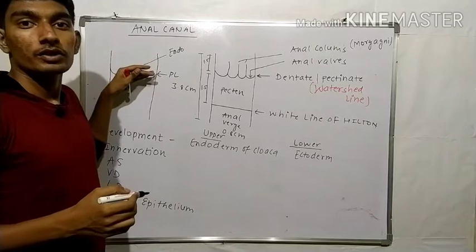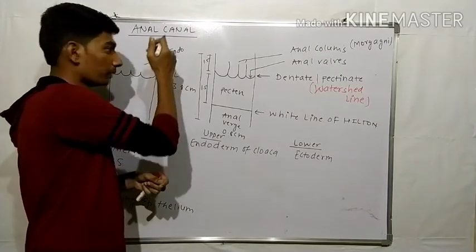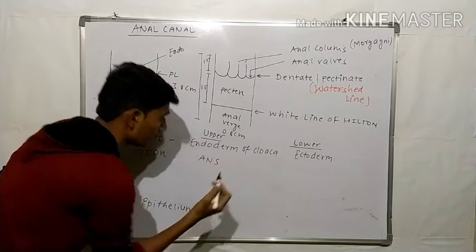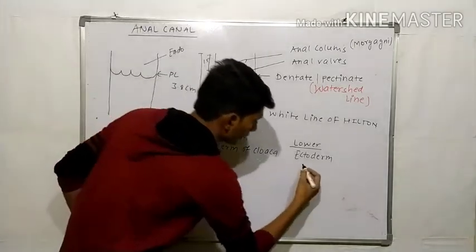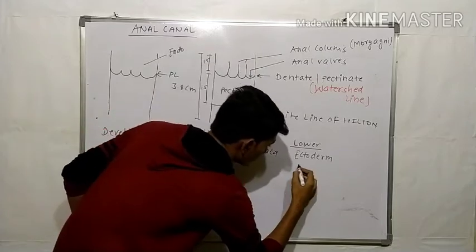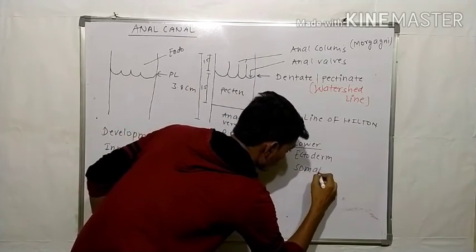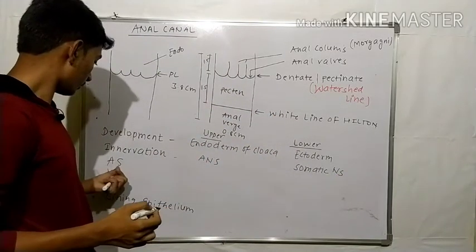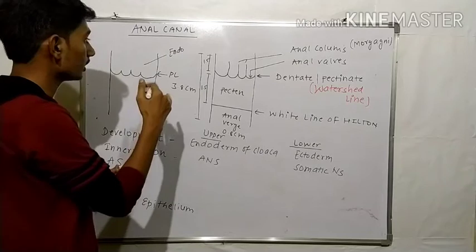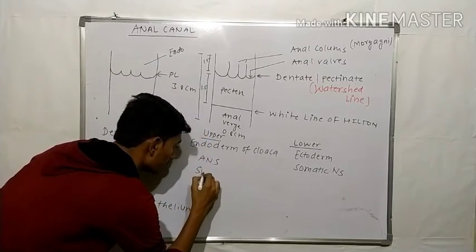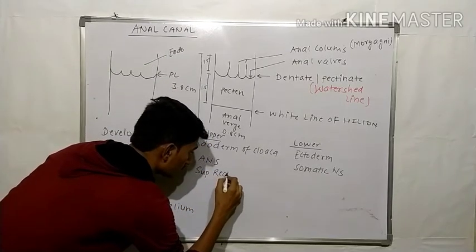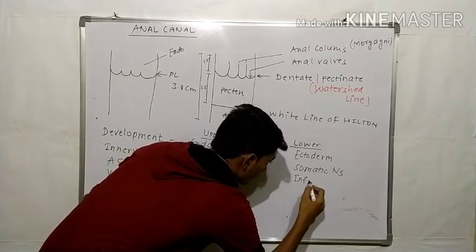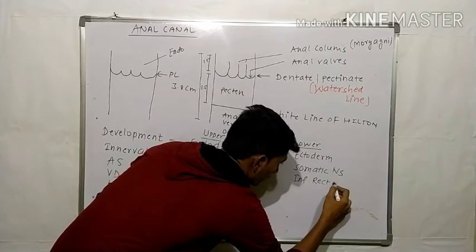The part above the pectinate line is innervated by autonomic nervous system, and part below the pectinate line is by somatic nervous system. Now, arterial supply above by superior rectal artery, and below that inferior rectal artery.